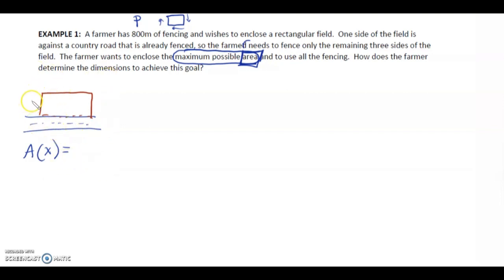So we know that the width is going to be some value x. And we can say let x represent the width. And instead of introducing a new variable, we are going to think of an expression for the length of this side with respect to x.